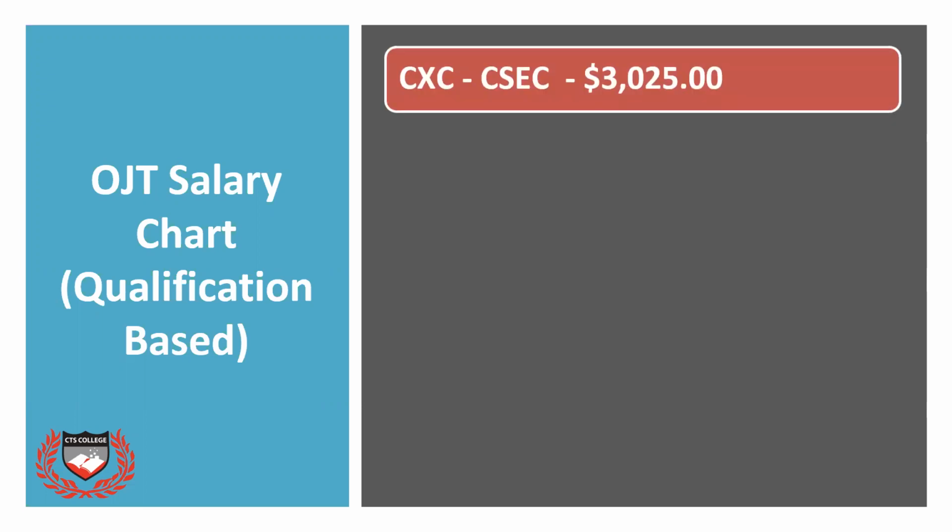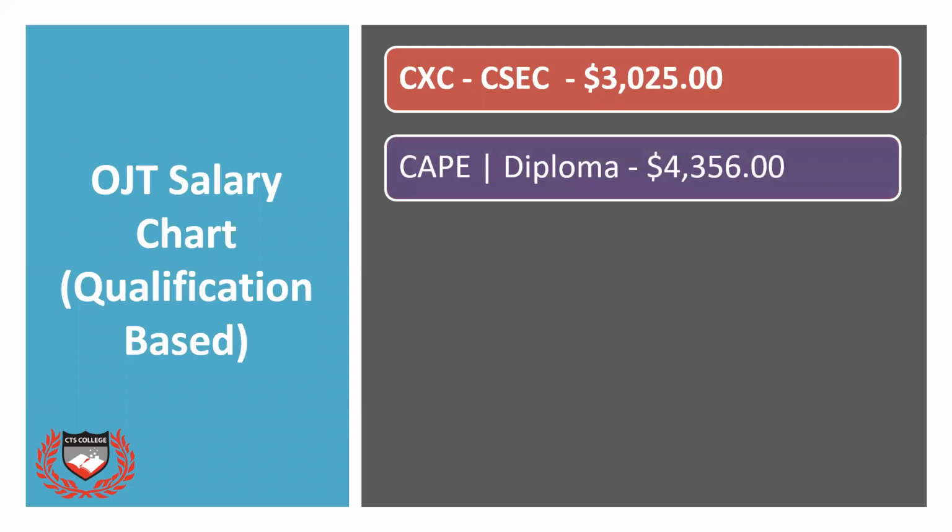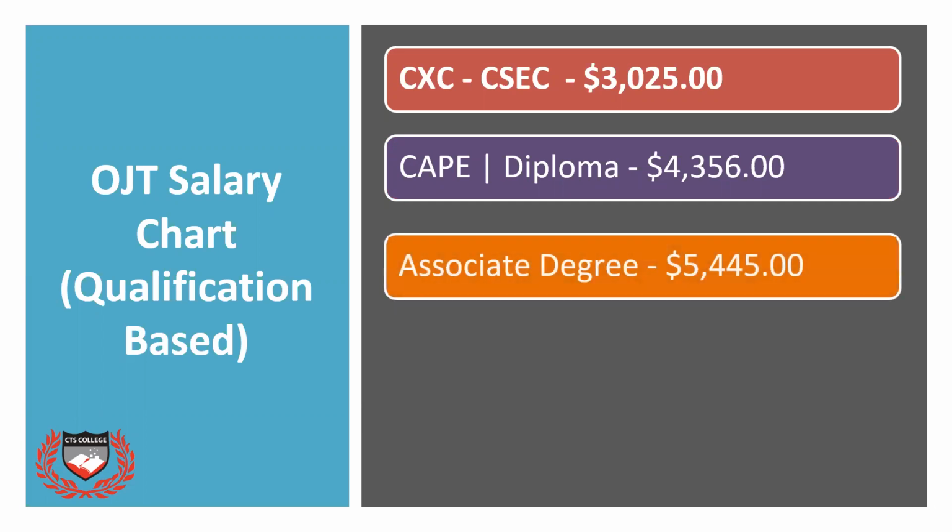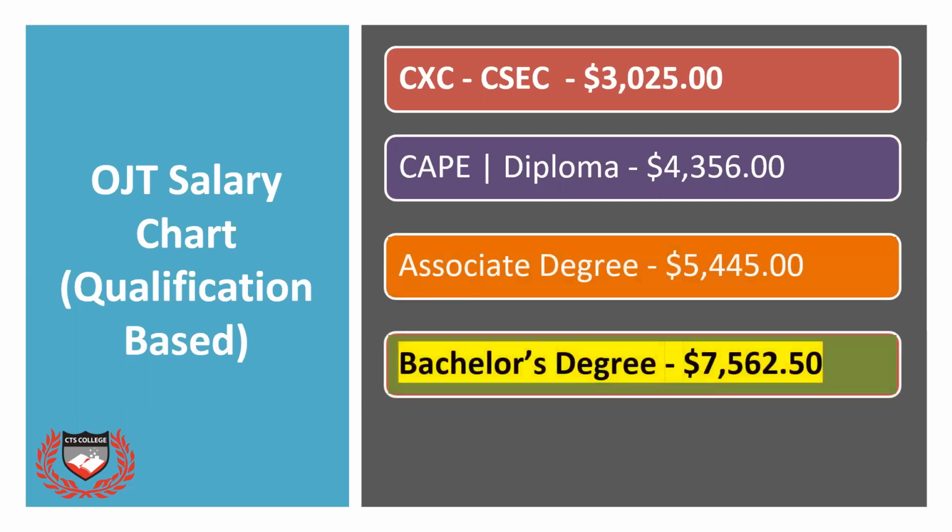So we have CSEC, like persons with CXC or CSEC qualifications; they're roughly going to earn $3,000 per month. These are monthly salaries. Persons with CAPE or a diploma would earn roughly $4,300 per month. Persons with an associate degree would earn roughly $5,400 per month, but a person with a bachelor's degree would earn roughly $7,500 per month.